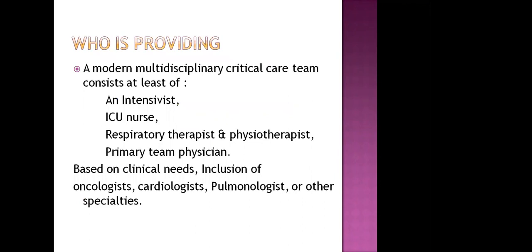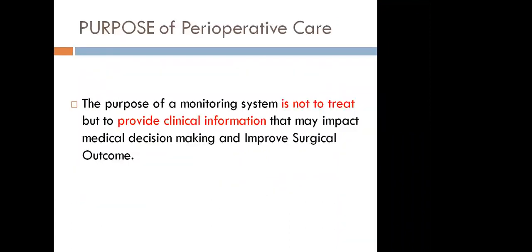Then who can provide the care? Of course, a team formed by the intensivist, ICU nurse, respiratory therapist, physiotherapist, primary physician, and some specialist if required. What is the purpose? The basic purpose is not to treat. Its basic purpose is to provide clinical information that this patient is either deteriorating or improving.